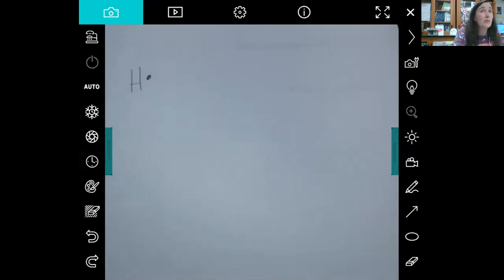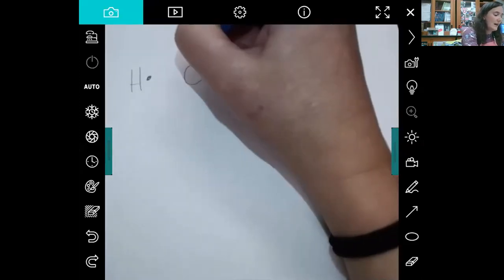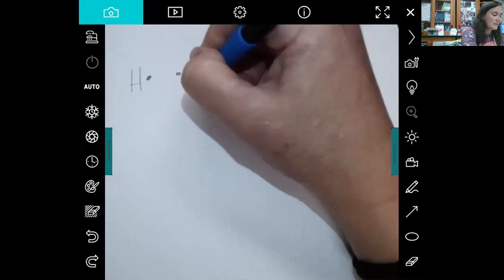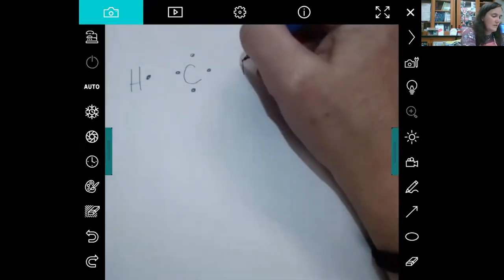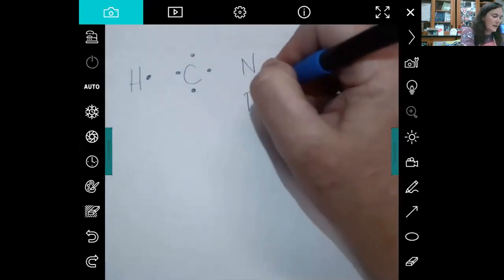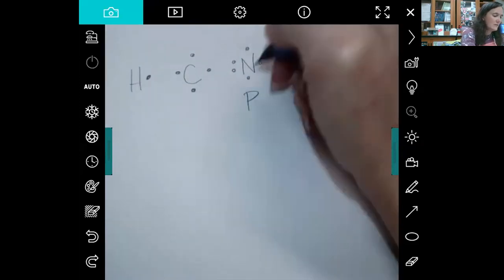So starting with group 4, we have carbon as the next non-metal, and it would have 4 valence electrons. Then there's nitrogen and phosphorus in group 5A. Nitrogen and phosphorus would both have 5 valence electrons.